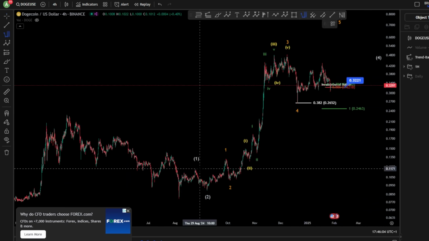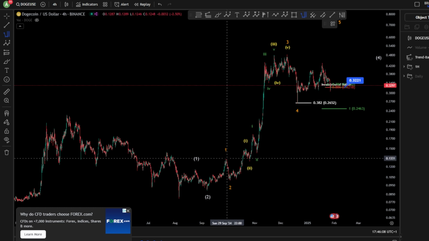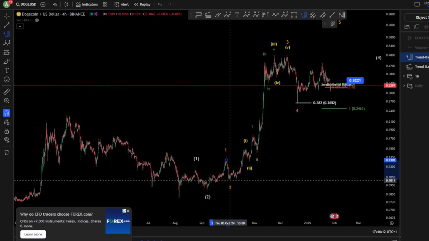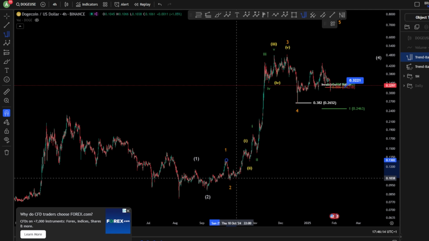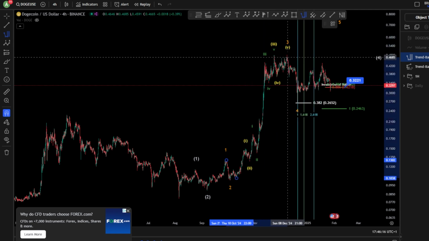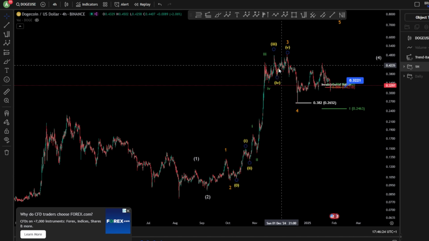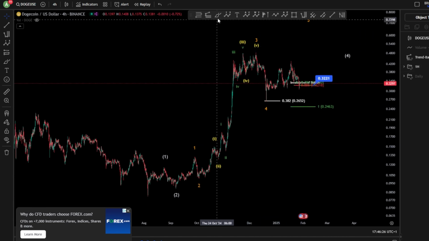We're gonna even have the time here, that would be helpful as well. For 1, 2, 3, 4, 5, we are in the orange. But this wave 2 is very shallow here. So if we take this as a wave 2 probably, then you have already finished this move toward the downside. So yeah, a very, very long correction for Dogecoin.